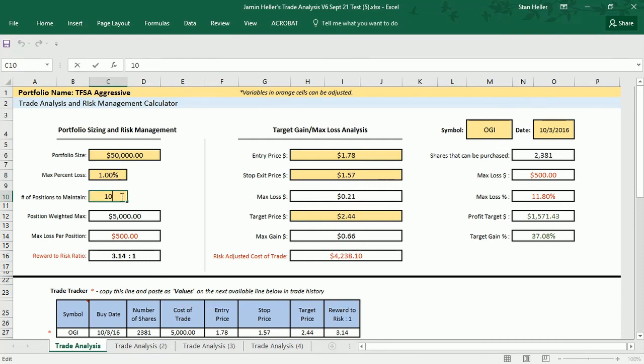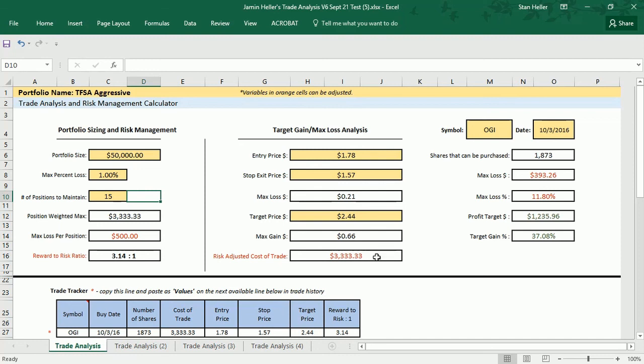Now, if we were intending to maintain fewer positions, such as 8, that will start to adjust things over here a little bit. It didn't make a lot of difference on 8, except the maximum per position was raised, but everything else was the same. If it went the other way and said, we eventually hope to hold 15 positions, then that's going to affect the adjusted cost of trade.